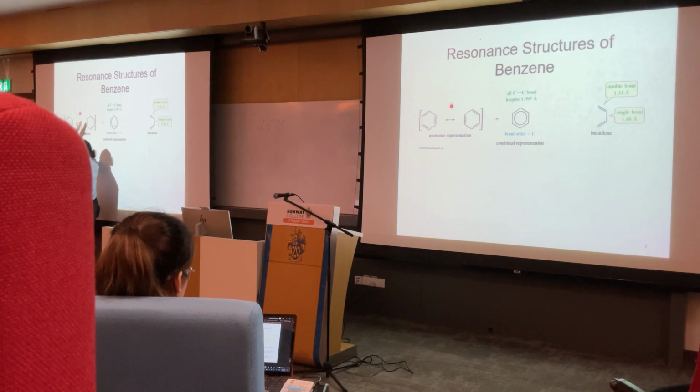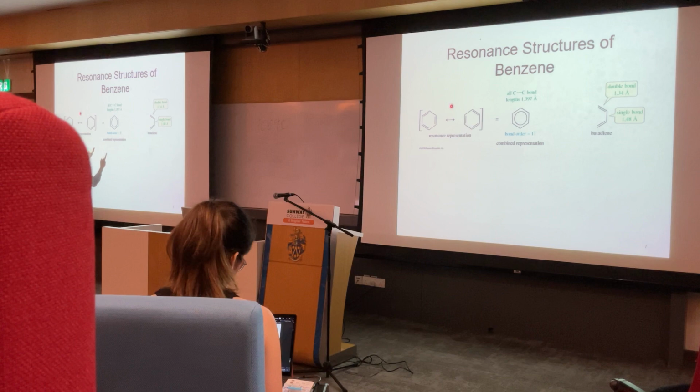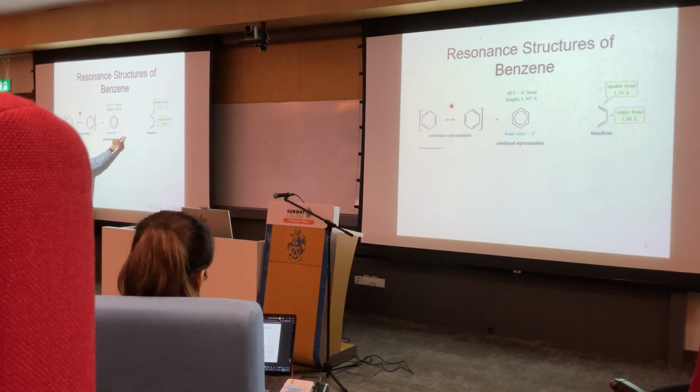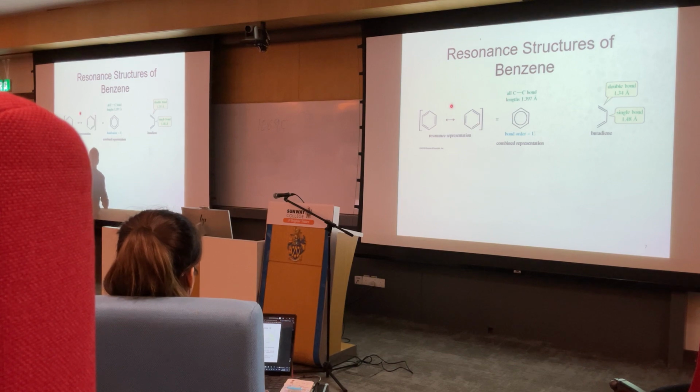So yeah, these different structures would be the resonance forms of each other, while the actual structure, which we call the hybrid structure, would be something like this. So when we say something like this, it means it's somewhere between single bond and double bond, right? So that's why the bond order is 1.5, and the bond length is also between what it should be for single bond and for double bond.